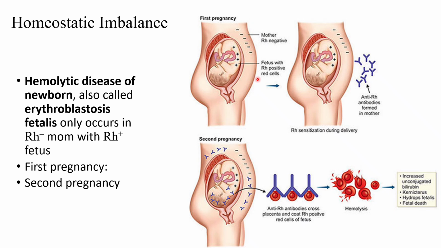Some blood can actually get into the mother, and it exposes the mother, who is Rh negative, to the baby. The mother will now start learning how to produce the antibody against the Rh positive. But it is too late, because by the time the Rh antibodies are formed in the mother, the baby would have been born.